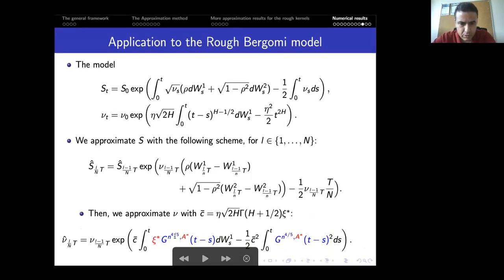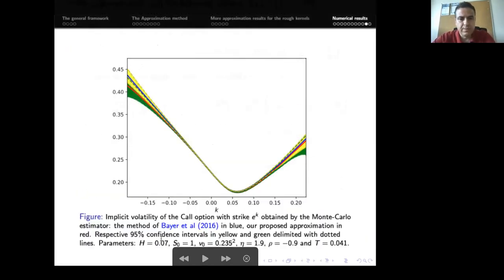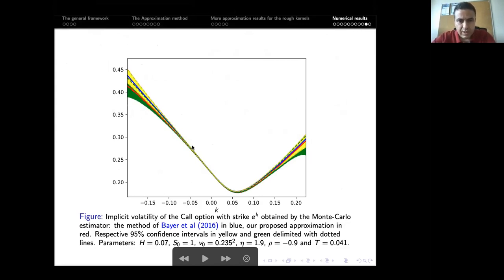This is for the Simpson rule, simply 3 points. It's not a high-level Newton-Cotes method. It's simply a Simpson, improved by the tricky choice of the weights of the Dirac sum, and improved by the truncation constants A star and xi star. So this is the red approximation.